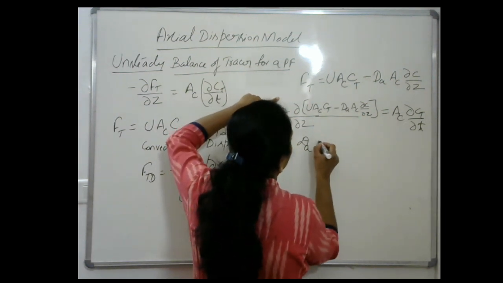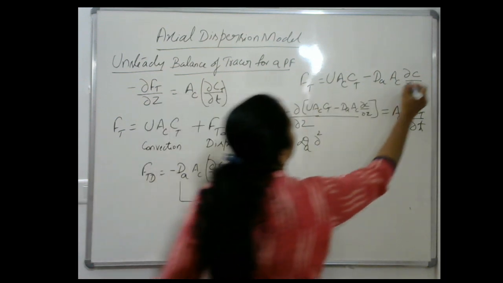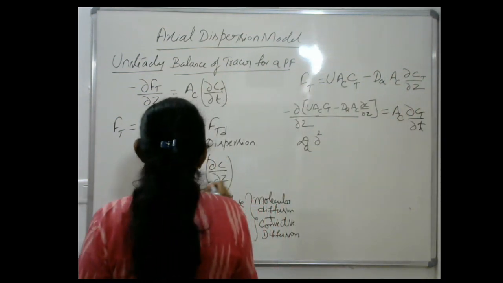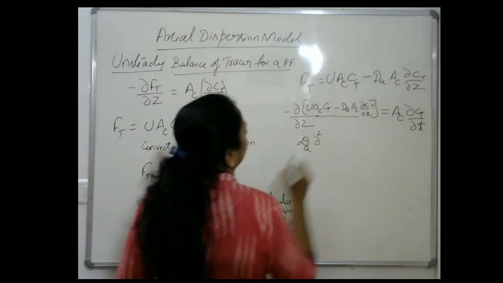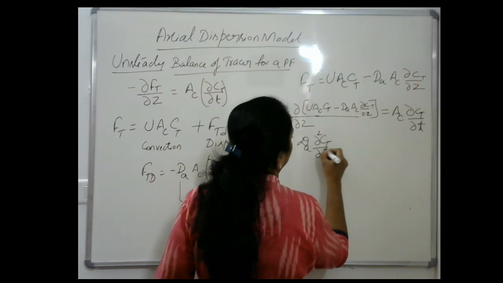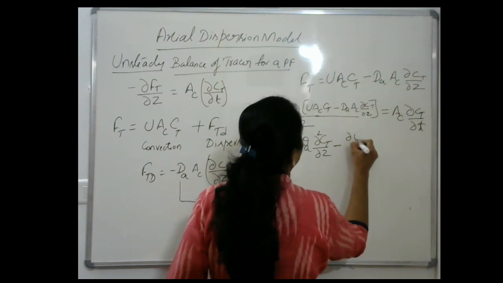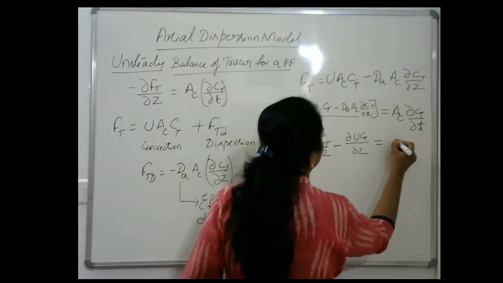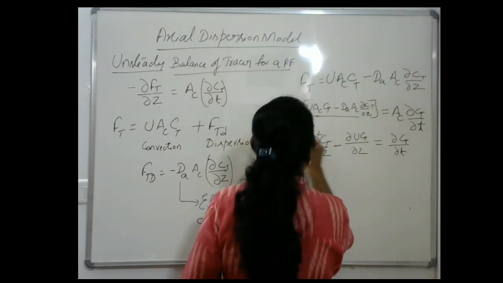So it is dA into dou square CT by dou Z square minus dou of UCT by dou Z is equal to dou CT by dou T.